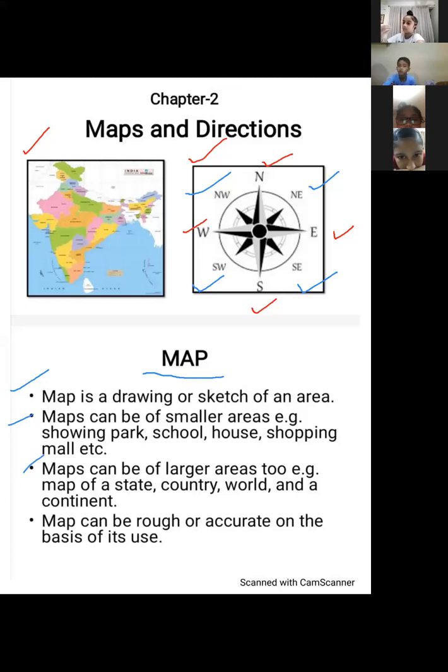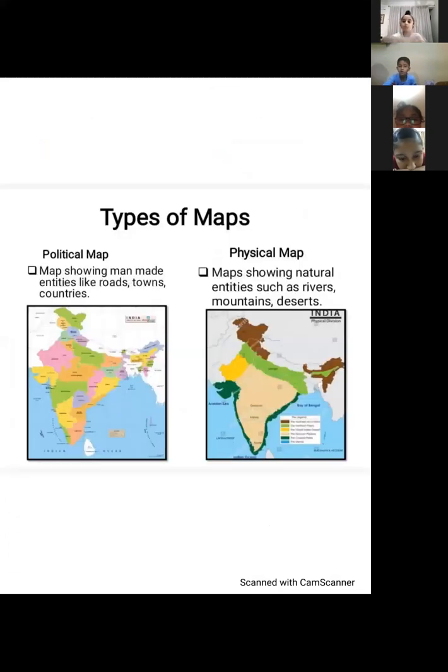Here you can see that 2 types of maps are being shown. The first one is political map, and the second one you see is the physical map. For the political map, children, again, we can see all the man-made entities on a political map, the roads, the towns, countries, states, all what is man-made.